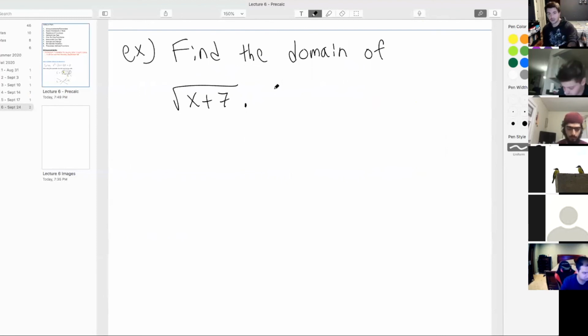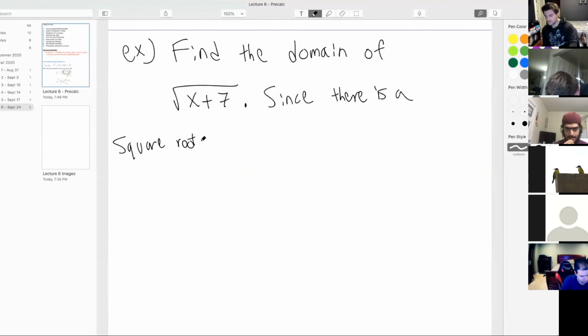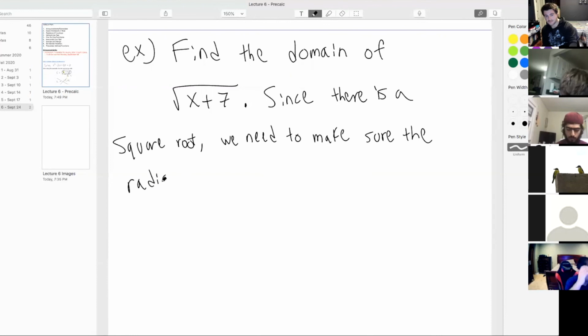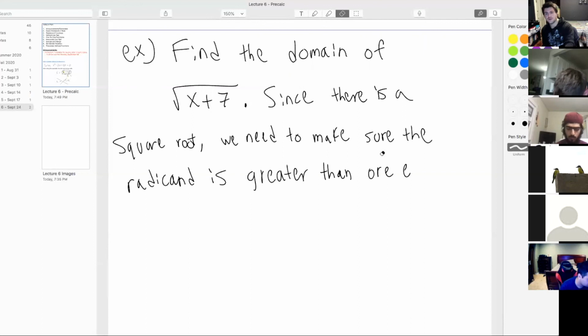Since there is a square root, we need to make sure the radicand is greater than or equal to 0.